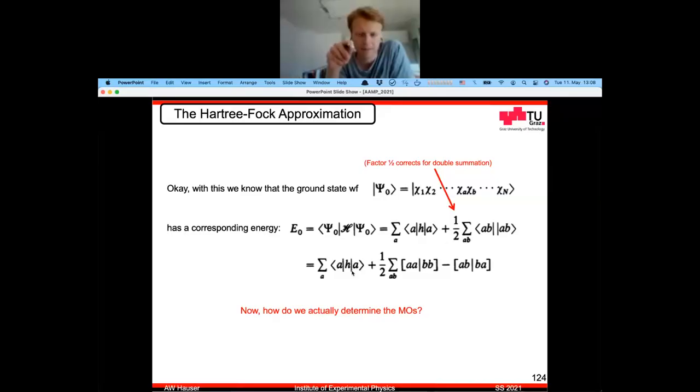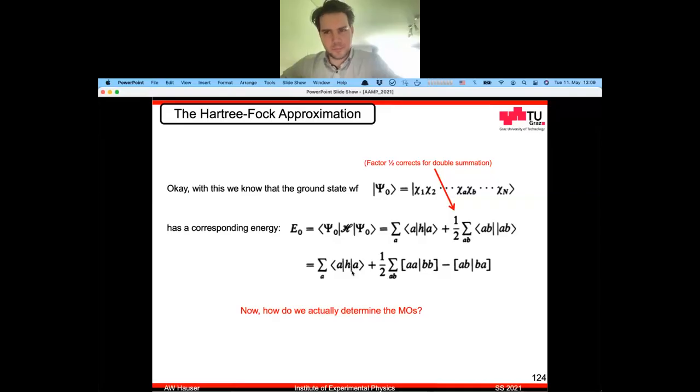Then the sum that we are doing here over A, is this the sum that we had before for the single electron operator, where we had 1 and 2 in brackets? Yes, that's the sum.